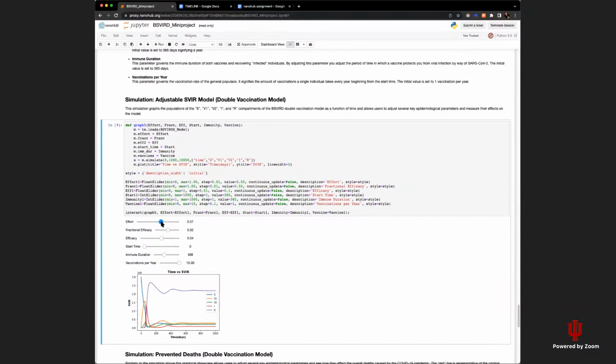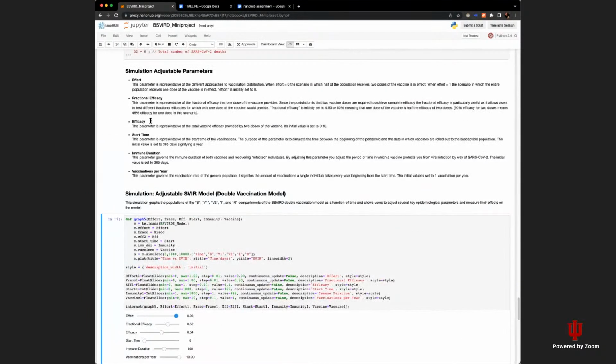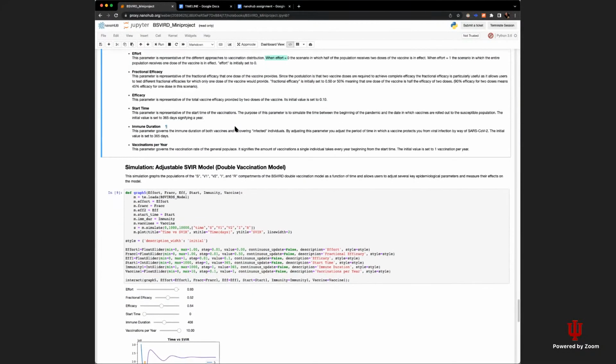So if you adjust the effort to 1, then the amount of people that are, I think it's the effort in which people receive both vaccines, I believe.